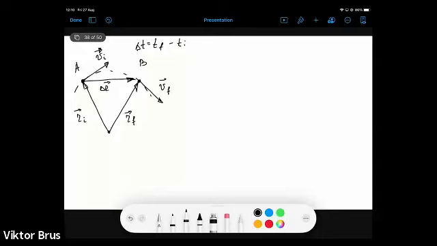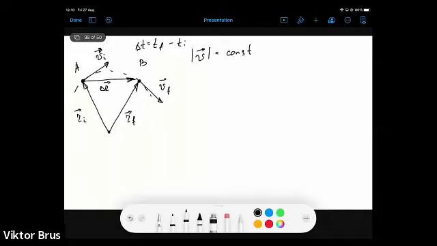So now, an important condition which we need to highlight: we consider uniform circular motion at this point, and that's why the absolute value of the velocity vector is constant.